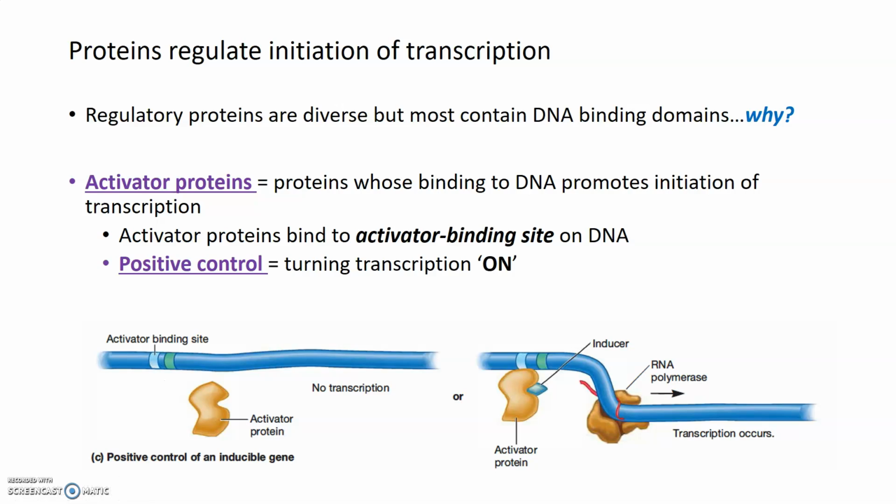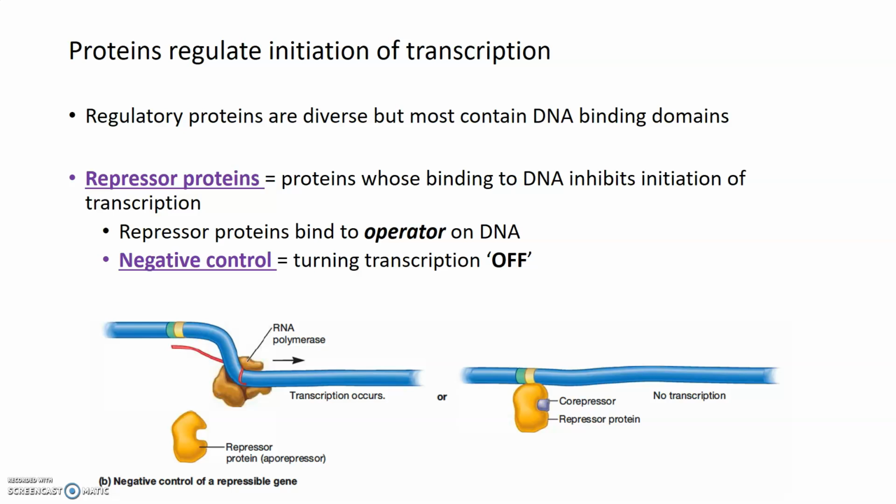Activator proteins are associated with positive control of genes, or turning transcription on. So as you can see here, you've got this activator protein shaped like New Jersey, which can bind to this activator binding site and cause the recruitment of the transcription machinery, the RNA polymerase, and transcription can be positively controlled or turned on.